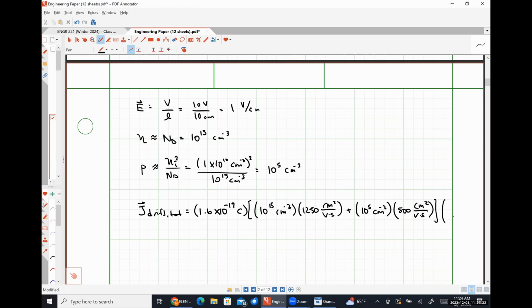All of this multiplied by 1 volt per centimeter.